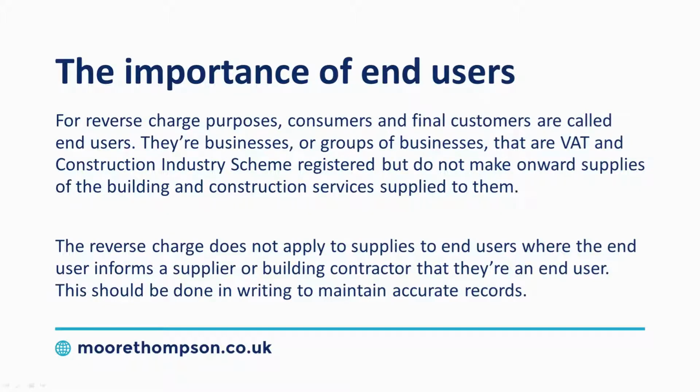What is an intermediary supplier? Intermediary suppliers are end users or intermediaries connected with end users, e.g. a landlord and a tenant. To be connected or linked to an end user, intermediary suppliers must either share a relevant interest in the same land where the construction works are taking place, or be part of the same corporate group or undertaking as defined by the Companies Act.